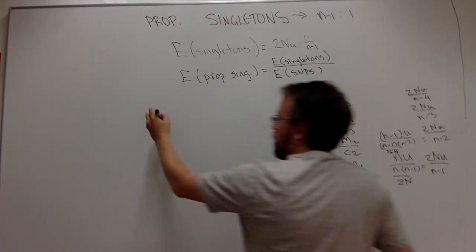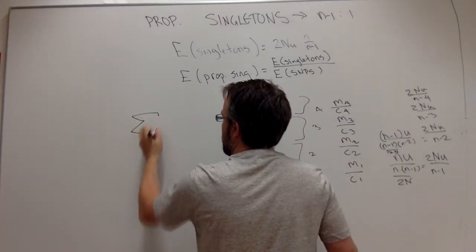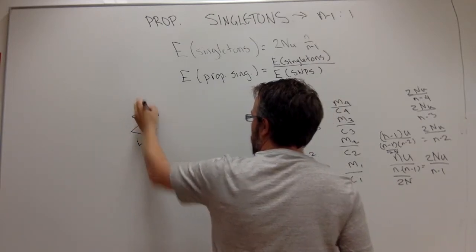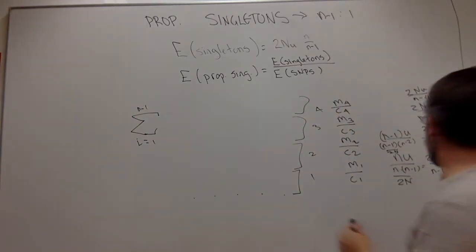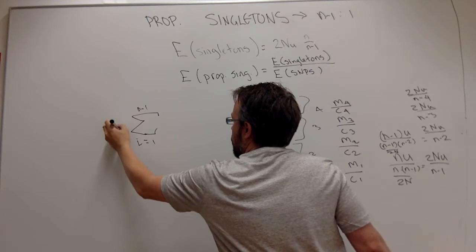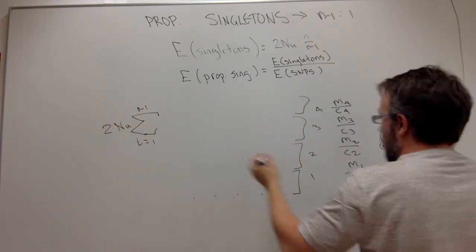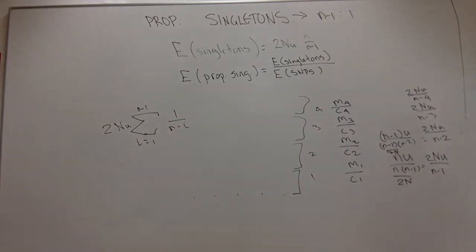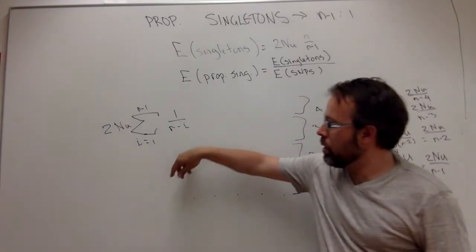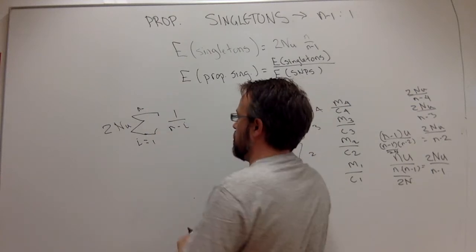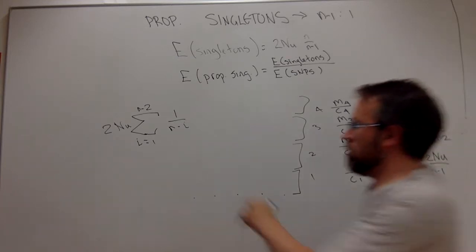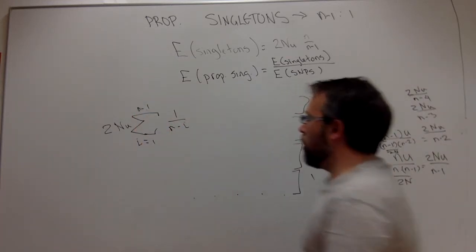And so in general, our total number of SNPs is going to be, for our ith interval from 1 to n minus 1, that's the number of intervals we have, equal to 2nu times 1 divided by n minus i. Right? So n minus 1, n minus 2, n minus 3, all the way down.